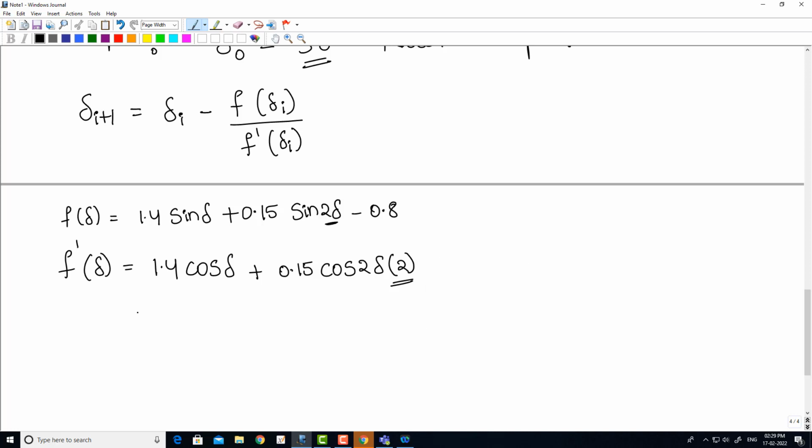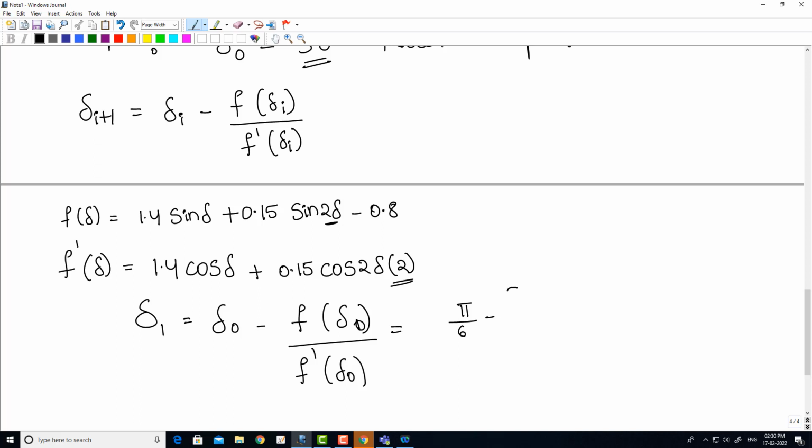So if we substitute, delta 1 is equal to delta naught minus f of delta naught divided by f dash of delta naught. So delta naught is how much? 30 degrees, so pi by 6.